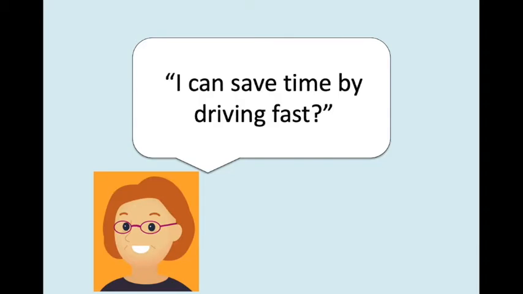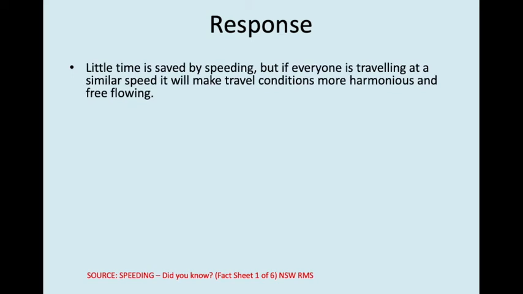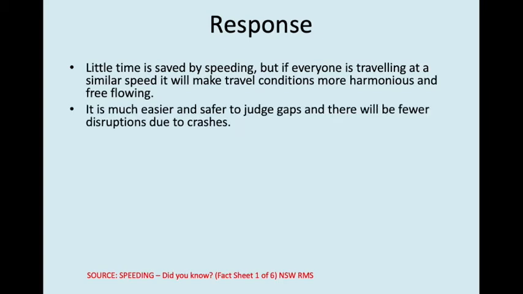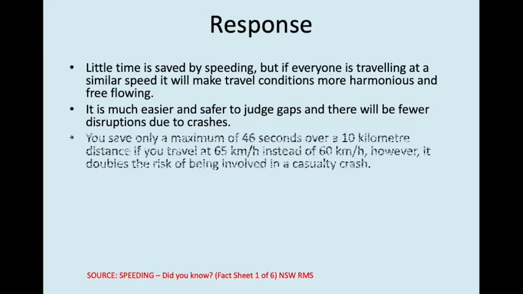Here we have another person who makes the comment, "I can save time by driving fast." Little time is saved by speeding, but if everyone is travelling at a similar speed, it will make travel conditions more harmonious and free-flowing. It is much easier and safer to judge gaps, and there will be fewer disruptions due to crashes.